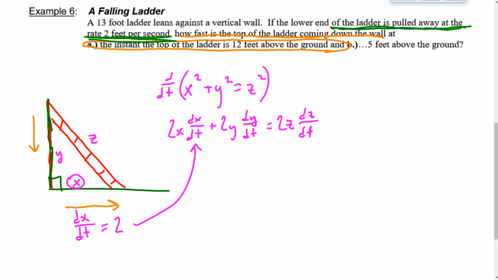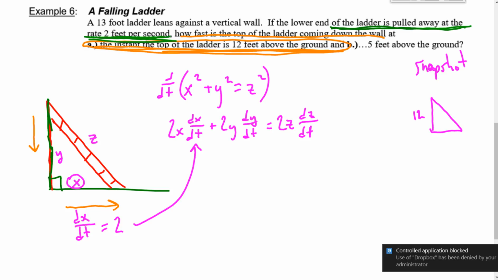Now let's take a look at what the values of x, y, and z are going to be at exactly the moment the top of the ladder is 12 feet above the ground. So I'm going to go out here to the side and draw my little snapshot, the picture of what's happening exactly when the ladder is 12 feet above the ground.